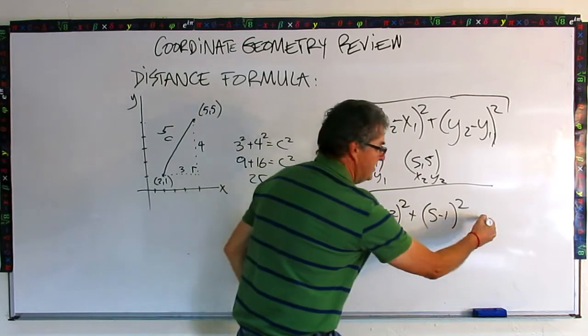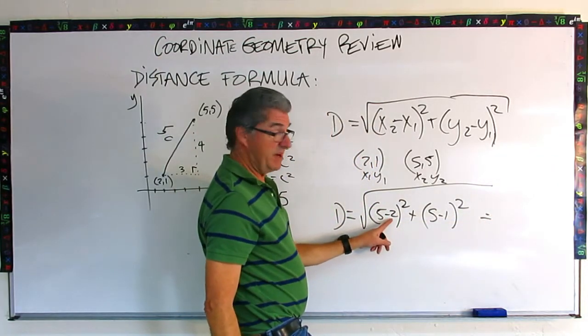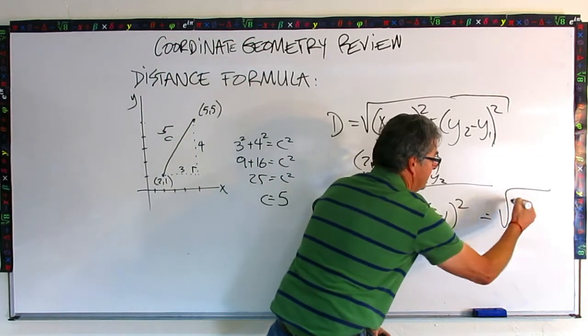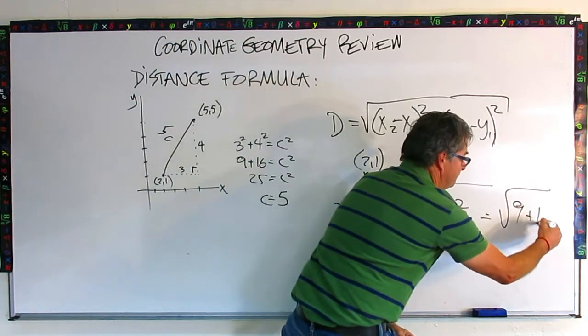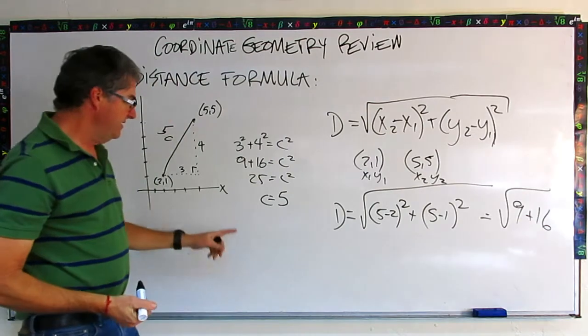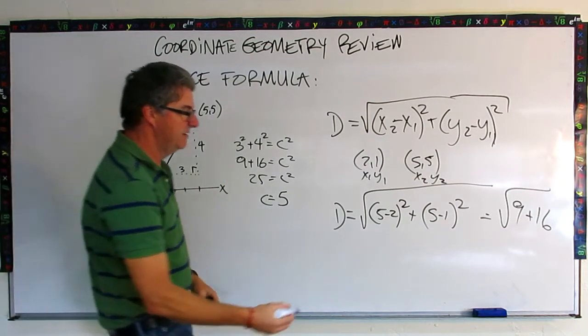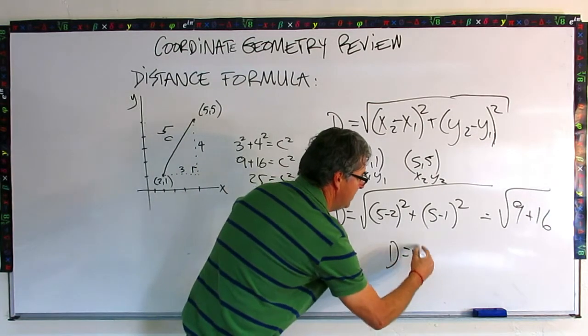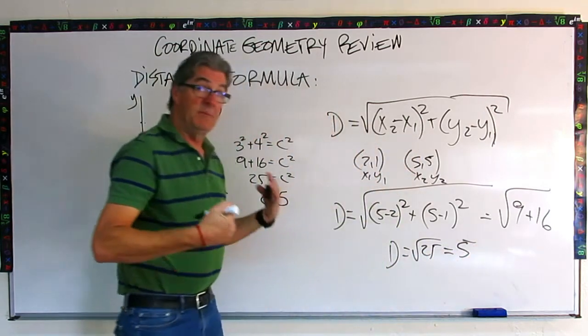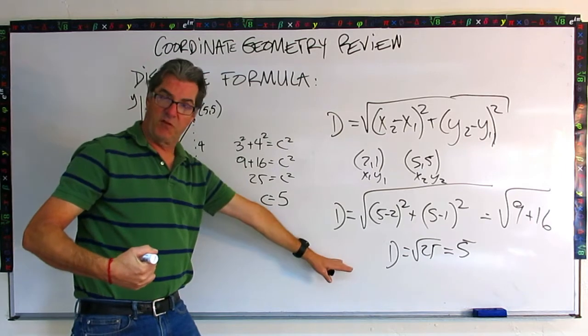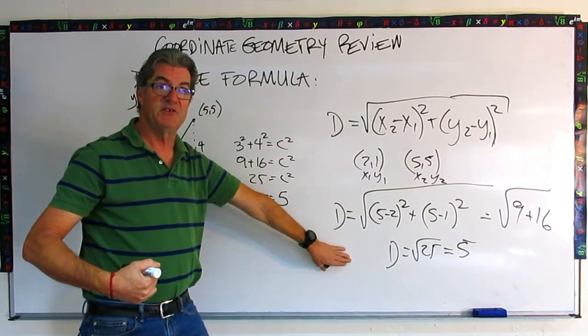Now we can finish this off. 5 minus 2 is 3, squared is 9. And 5 minus 1 is 4, squared is 16. And you can see where this is going. This is really similar to what we were doing here. So the distance is going to be the square root of 25 or 5. But this way is using the distance formula, which is pretty much what you're going to do in this chapter.